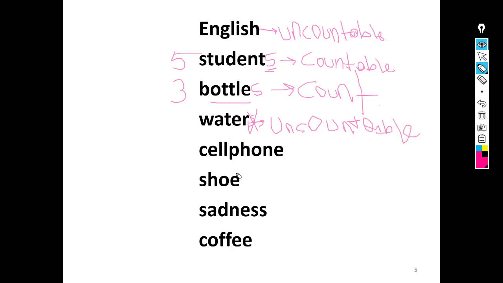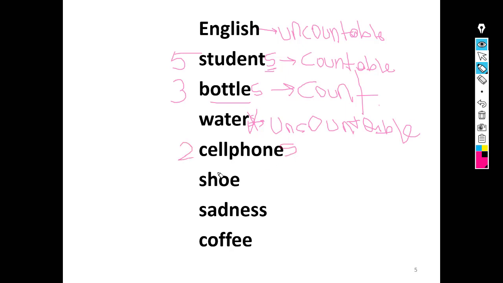Good. Look at cell phone. I think you have got a cell phone. If you are lucky, you can have 2 cell phones. Can we count cell phones? 2 cell phones.